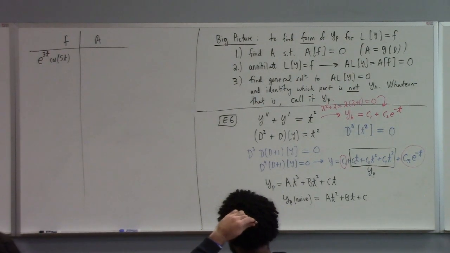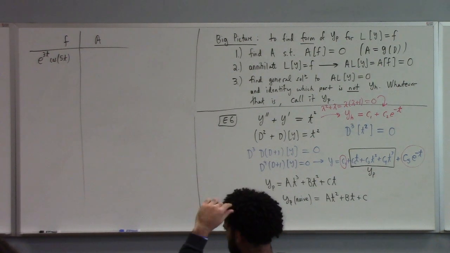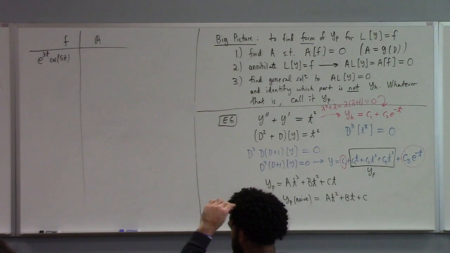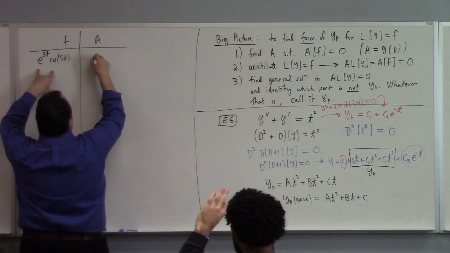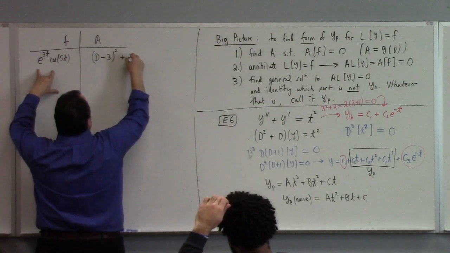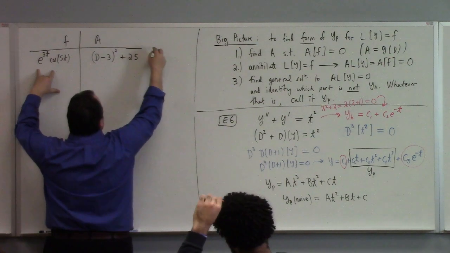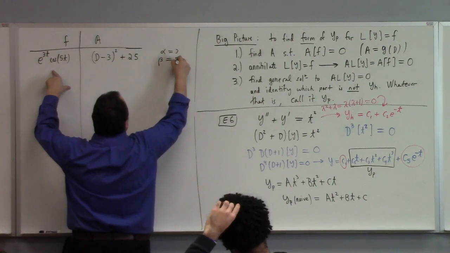So using the lemma that we found at the end of class last time, I can use completing the square in reverse and say immediately for you that the annihilator is (D minus 3) squared plus 25. So this is coming from alpha equals 3, beta equals 5.